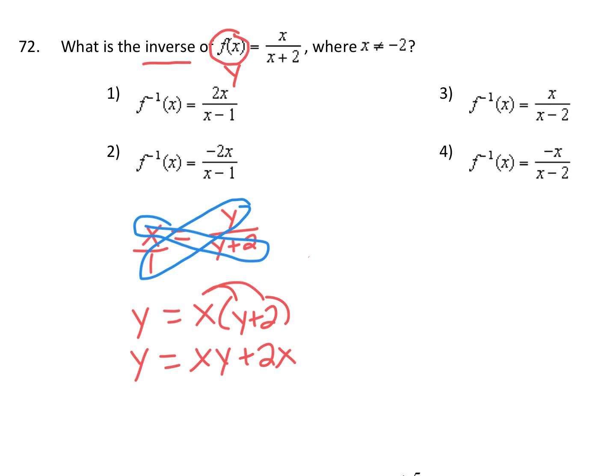So I'm going to subtract xy from both sides of the equation. All right, so on the right side, I'm left with 2x. On the left side, well, y minus xy, these are not like terms. So I'm just going to have to leave it as I see it, y minus xy.